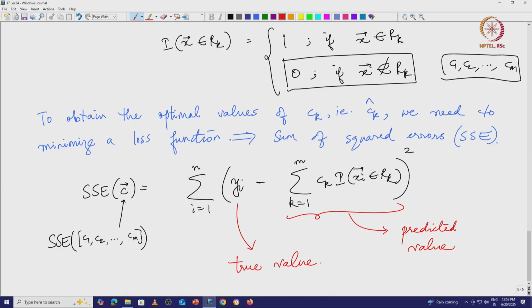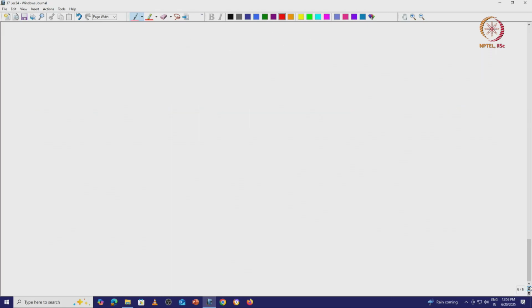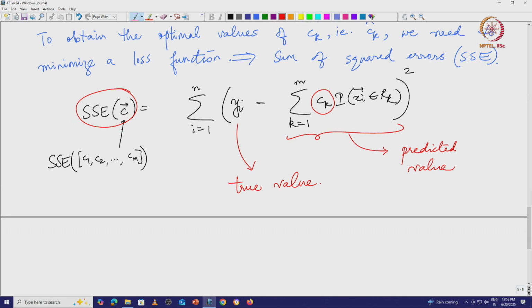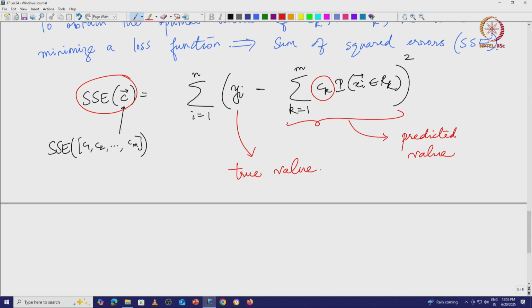Okay. So, I hope this makes sense so far, and then like we did in the case of linear regression, to obtain these optimal values Ck hat, we just have to differentiate the SSE versus the parameter and then set that to 0, right.